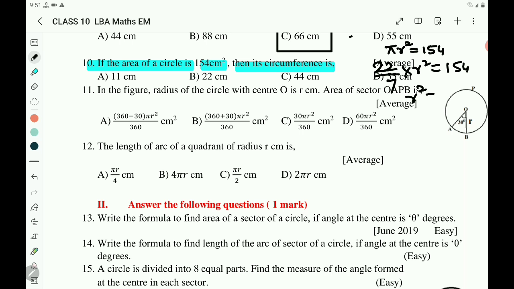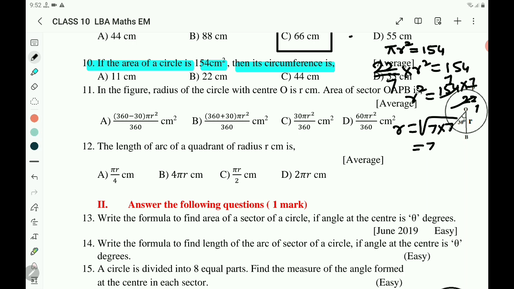Then r square equals 154 into 7 by 22. Here 22 by 7 is transferred to the RHS. Then 22 sevens are 154. So you will get r square equals 7 into 7. Then r equals root 7 into 7, which is equal to 7. You got r equals 7.